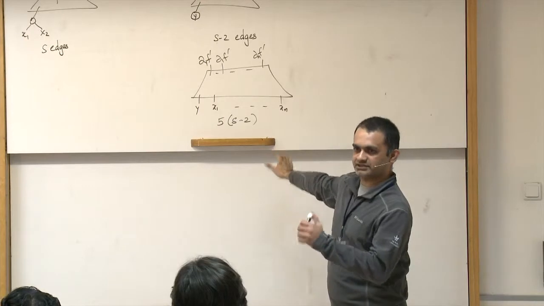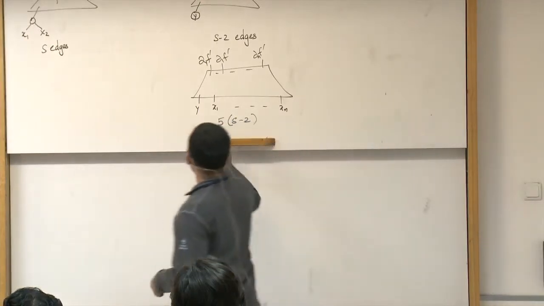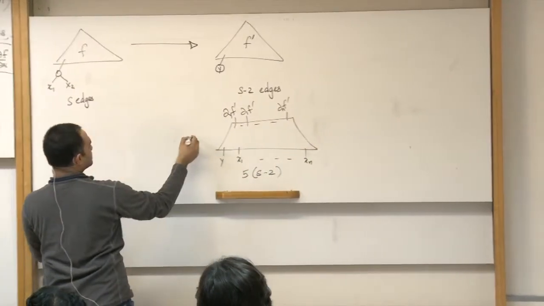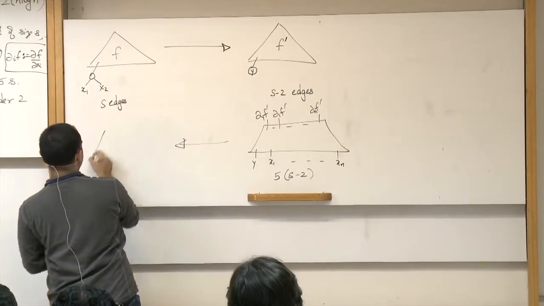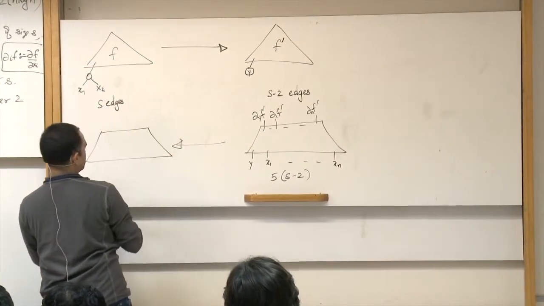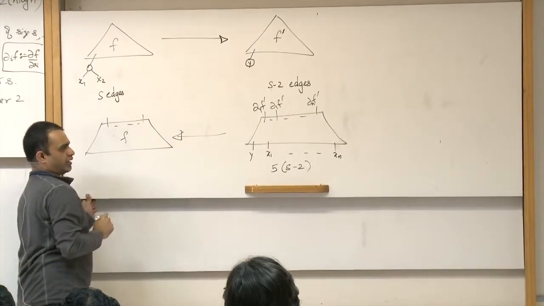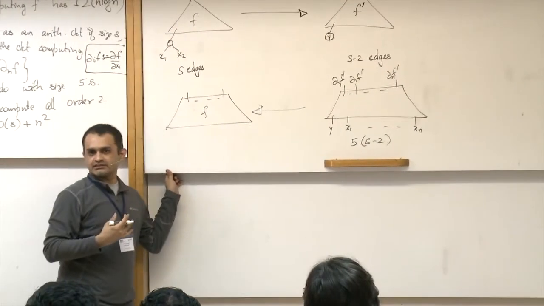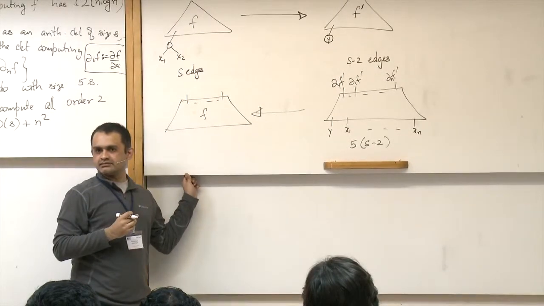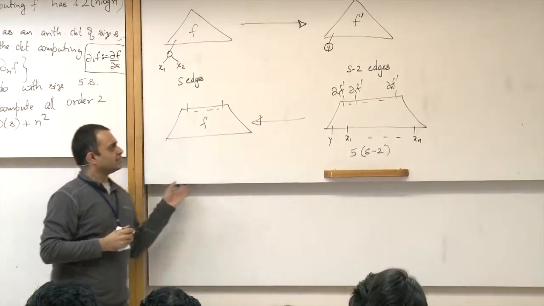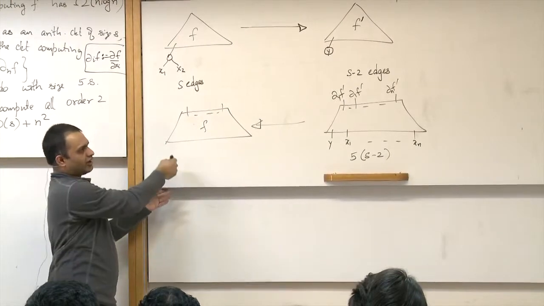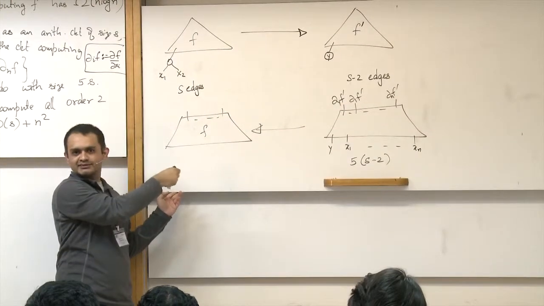That's the induction hypothesis, because this is a smaller thing. Using this circuit, I'm going to build the multi-output circuit for f, by adding just 10 more edges.